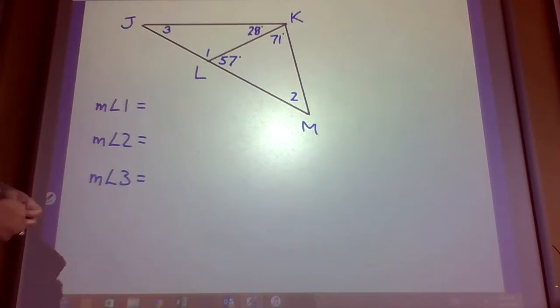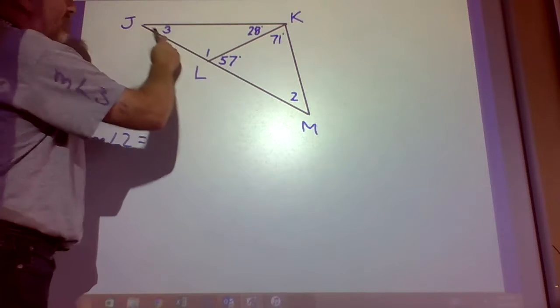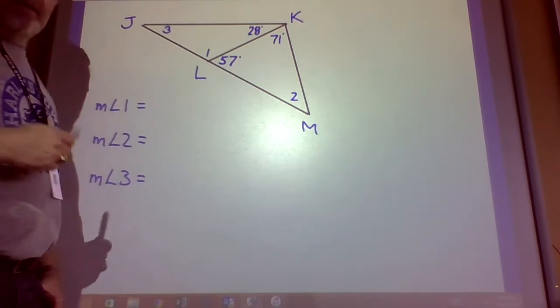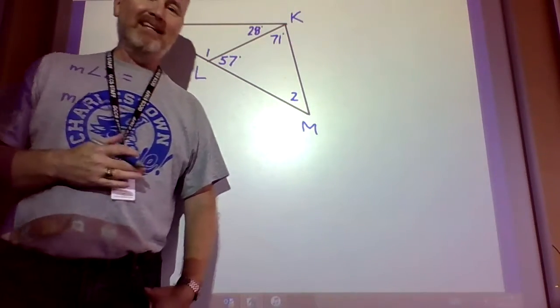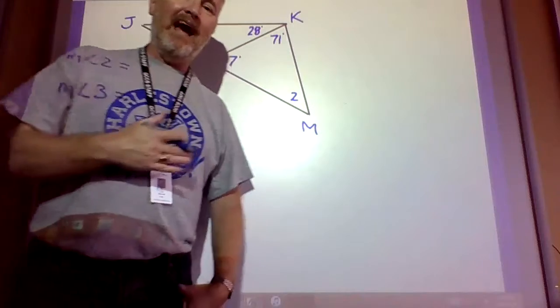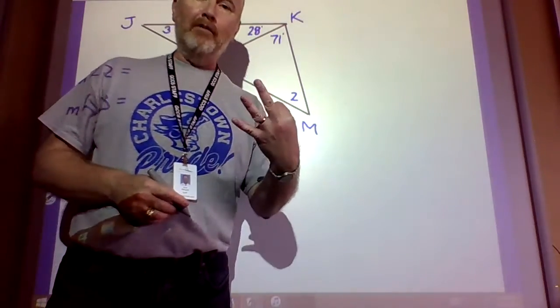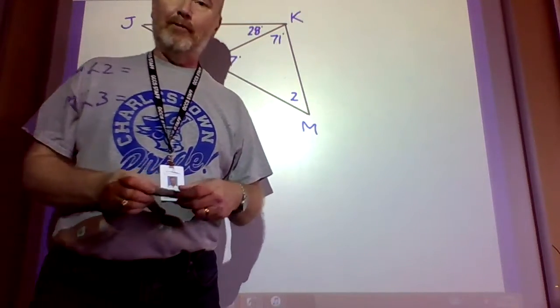All right, so let's take a look at angle 1. Now, angle 1 is in this triangle here, and he's got two missing angles because you're missing angle 3 as well. So you're not going to be able to do the new trick, but you're going to do, man, see, these things are so important because now what's popping up that you have to know to do this problem is the third most important thing I'm teaching this whole year, and that's linear pairs.